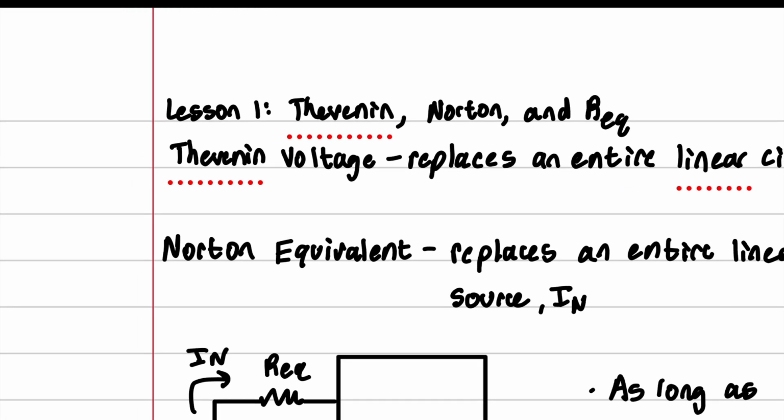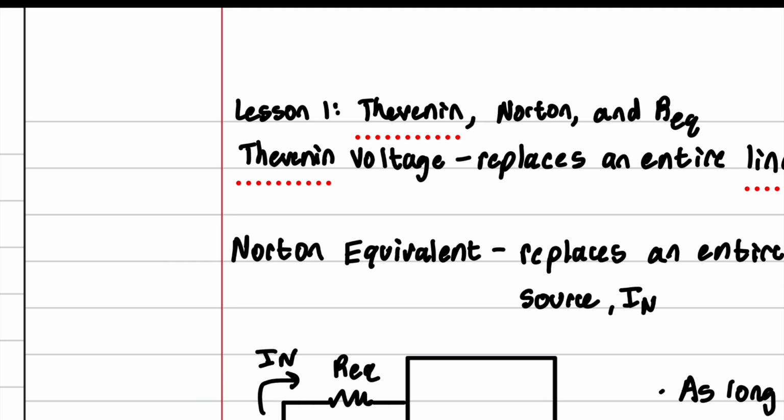So we have two new terms. We have the Thevenin voltage and the Norton equivalent, or Norton current.